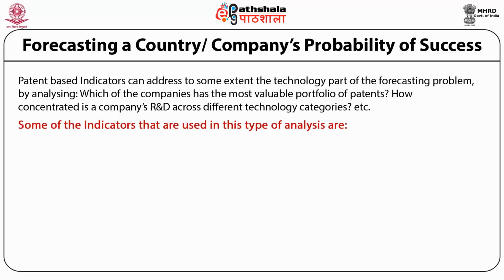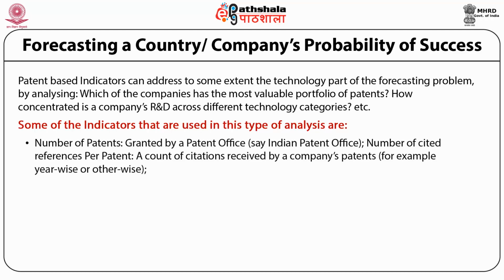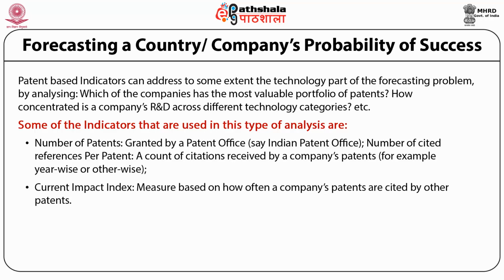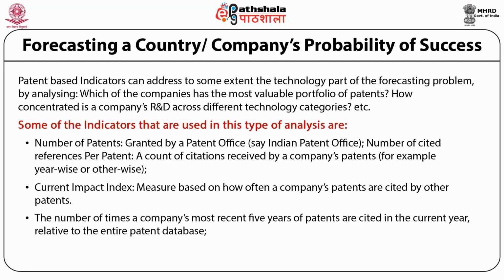Some of the indicators used in this type of analysis are the number of patents granted by the patent office, say the Indian Patent Office, the number of cited references per patent, a count of citations received by a company's patents, for example year-wise or otherwise, and the current impact index, which measures how often a company's patents are cited by other patents: the number of times a company's most recent 5 years of patents are cited in the current year relative to the entire patent database.